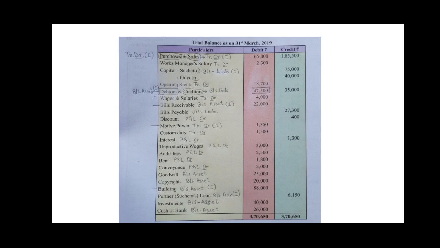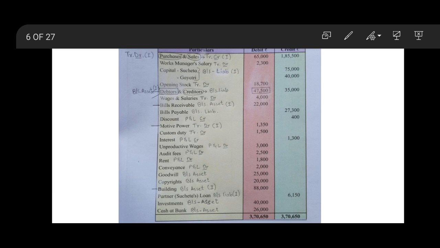The next step is to transfer the items from the trial balance to the respective accounts. I have written it here for you. Purchases and sales. Debit balance 65,000 for purchases, trading account debit side in the inner column, as we know that we write purchases less purchase return. So in the inner column.